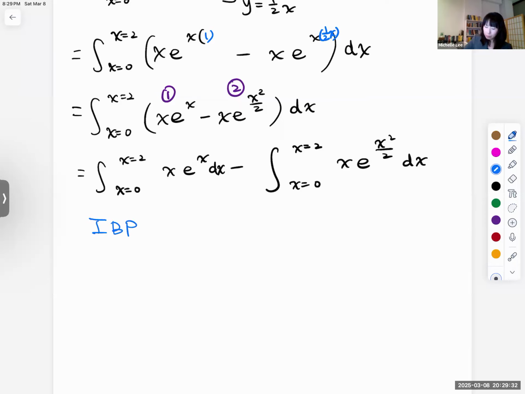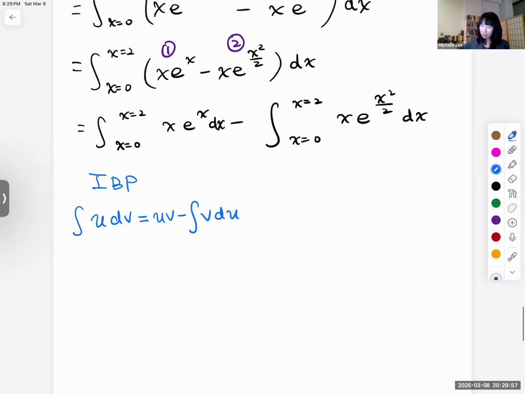All right, so we have the formula, right? The integral of u dv equals uv minus the integral of v du, right? All right, okay. So then we have x e to the x power dx, yeah?